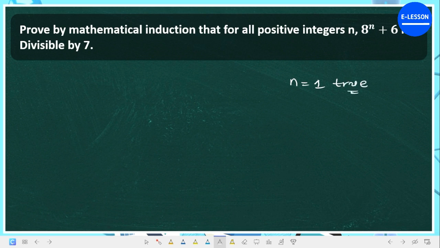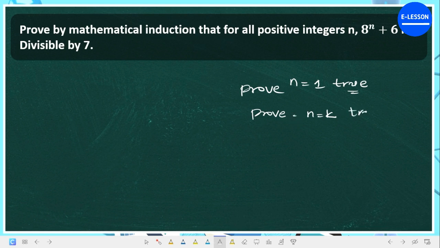That is to say, if you put n is equal to 1 into this equation, will it give us a number that is divisible by 7? If you have proved that n is equal to 1 is true, then the next one is you prove that n is equal to k is also true.